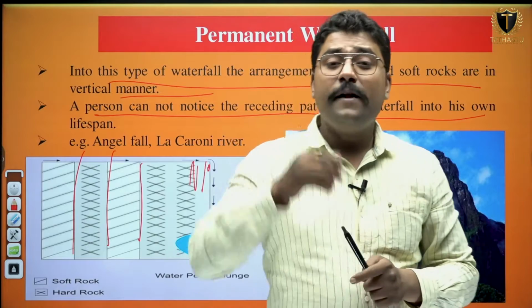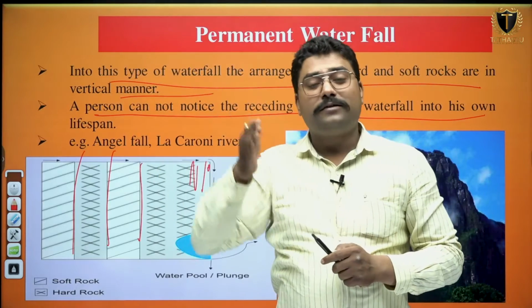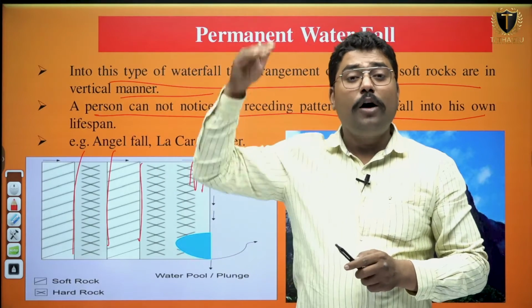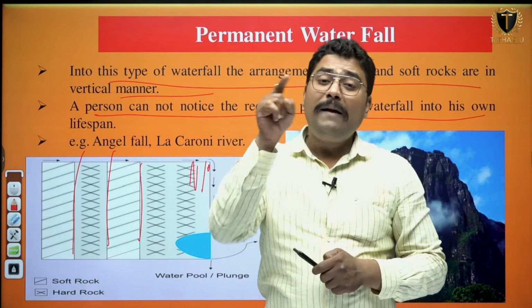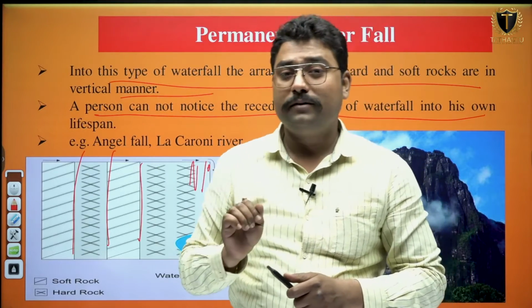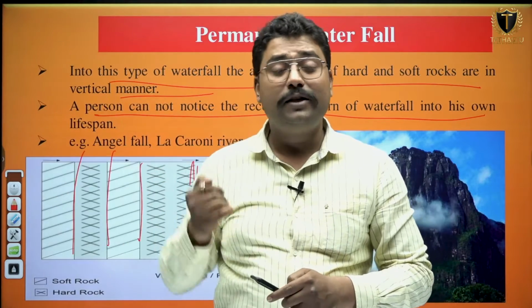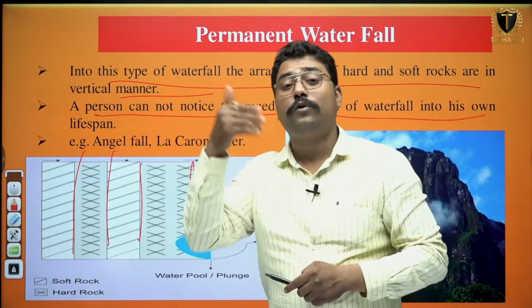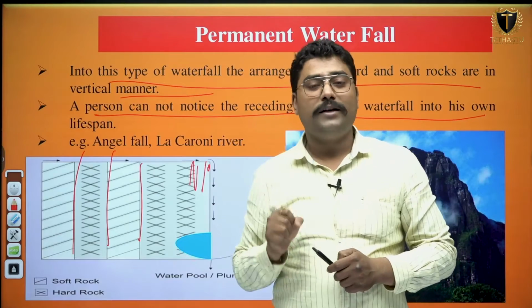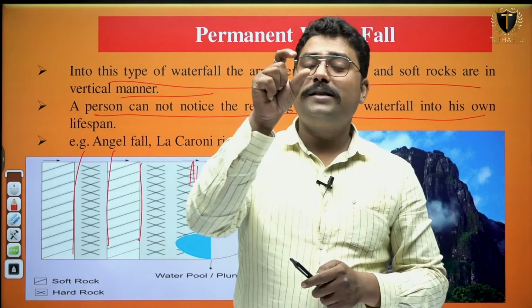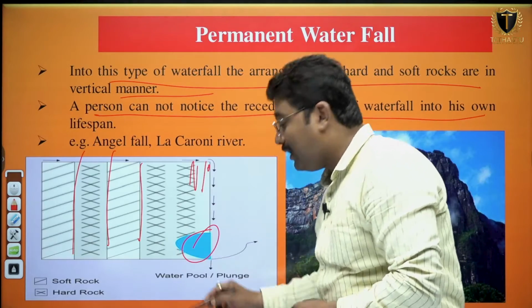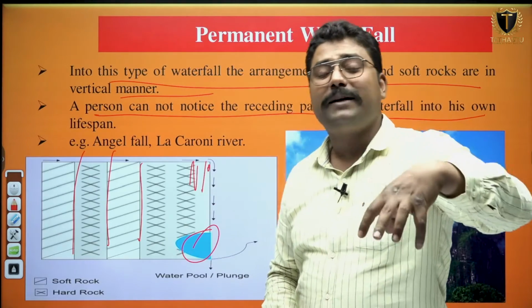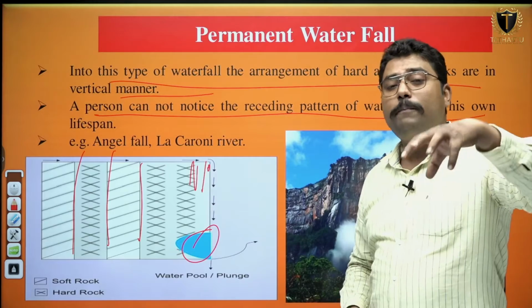This means with generations, over a long period of time, the waterfall has receded, which you have noticed after 3 generations. Your great-grandfather did not notice, your grandfather also, your father also, but you are noticing it. So it is considered permanent. And the water which falls creates a lake or pond, which is considered a water pool or plunge pool.